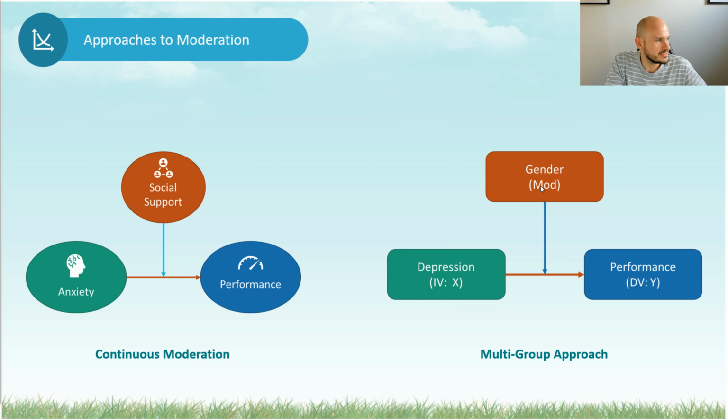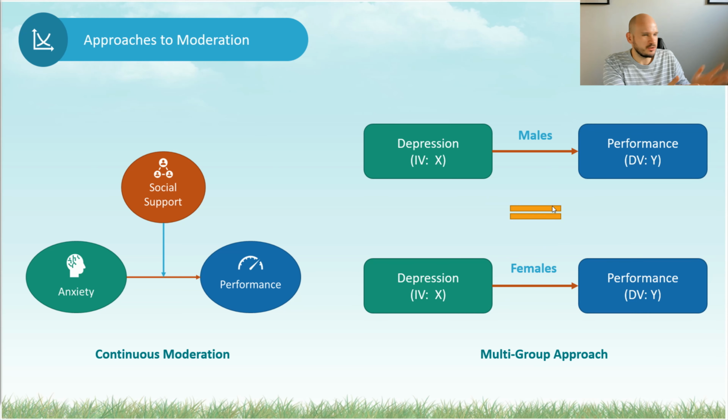For example, in this case, between males and females. Maybe it's easier to look at it this way. What's the relationship between depression and performance for males, and what's the relationship between depression and performance for females, and is it the same? So that is another way to estimate moderation.